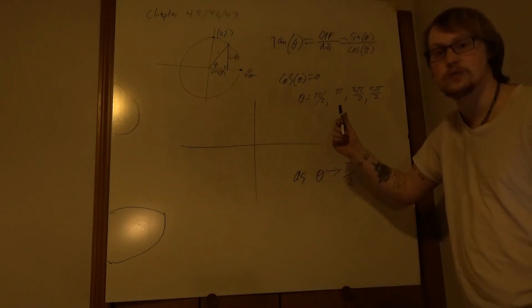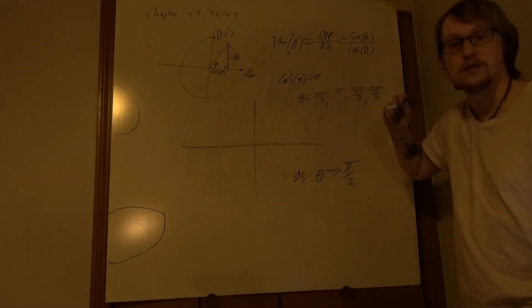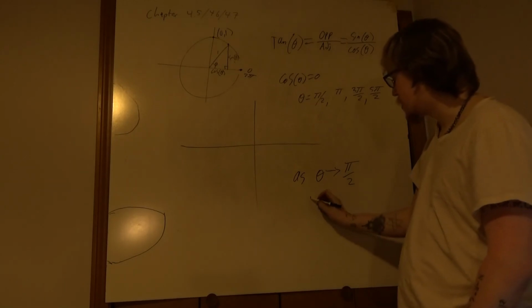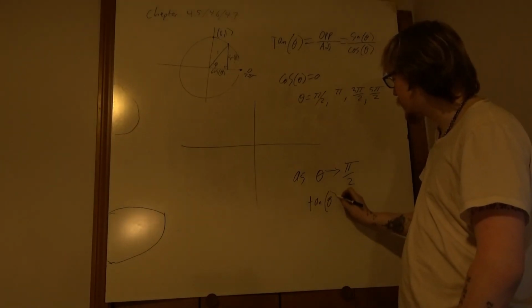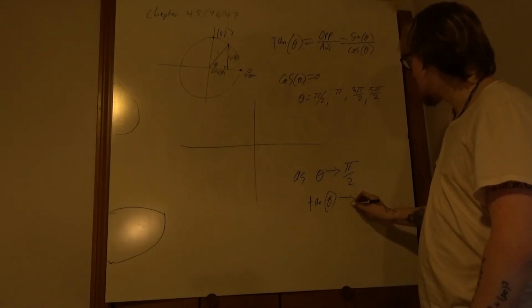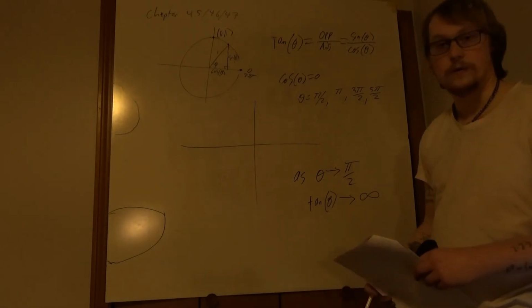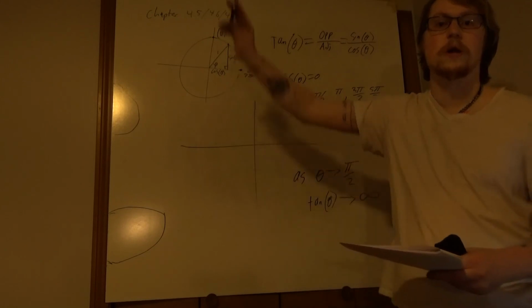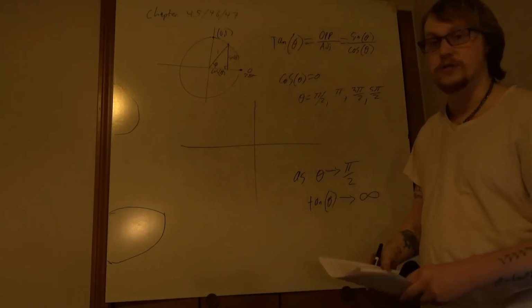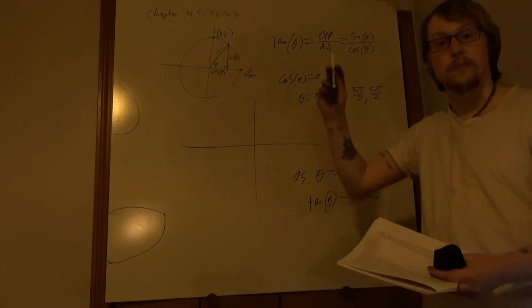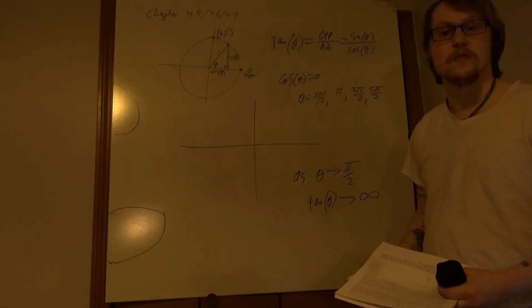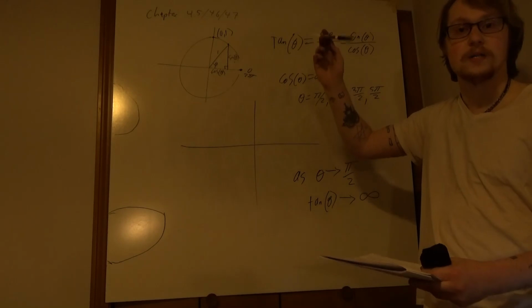But as we get close to it, sine is still positive, and cosine goes to 0. So what this tells me is tangent of theta goes to infinity, right? Because it's positive, and we're dividing by 0, so the values are going to get bigger and bigger. We just have to check whether it's positive or negative infinity. But since sine of theta is positive at pi over 2, it goes to positive infinity.